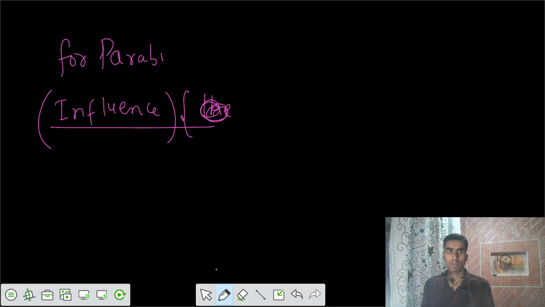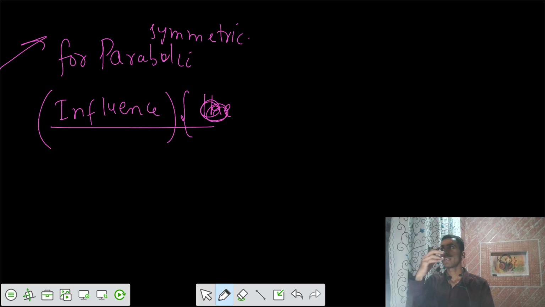We have derived these equations only for the symmetric profile, because that is easy to derive. When it is symmetric, the conditions become easier.